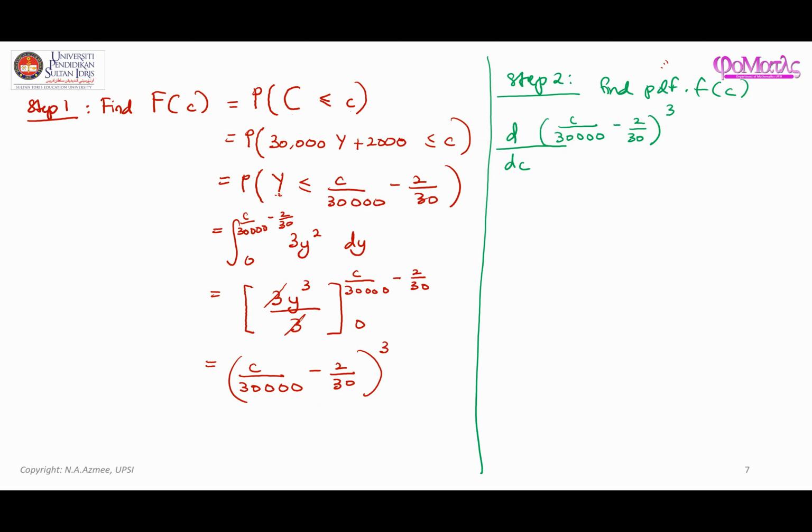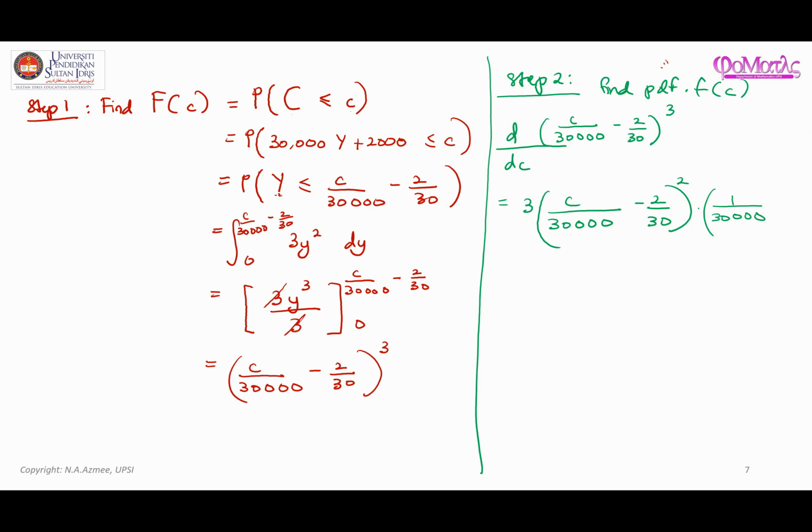And we already know how to differentiate this. So the power is going to be brought forward. So here we get 3 times C over 30,000 minus 2 over 30. Here we're going to reduce the power by 1, so to the power of 2. And next we're going to differentiate the inside part with respect to C. If you differentiate this part here, it's going to be 1 over 30,000.